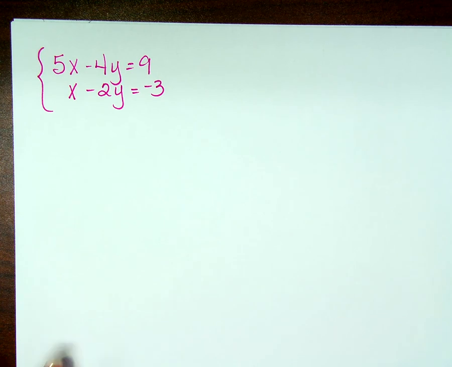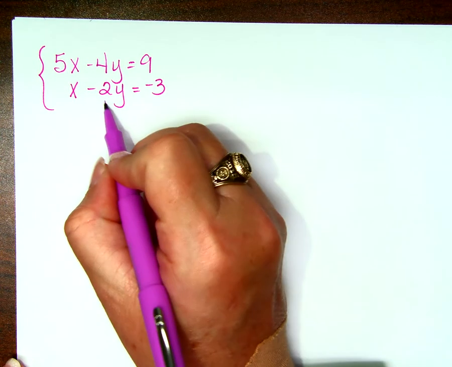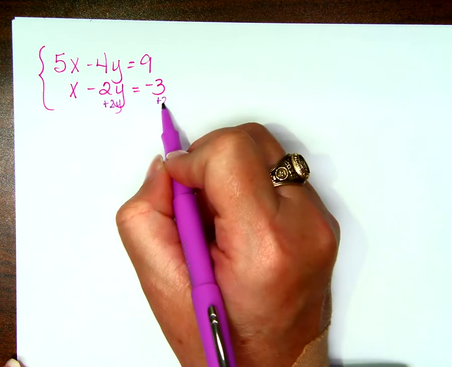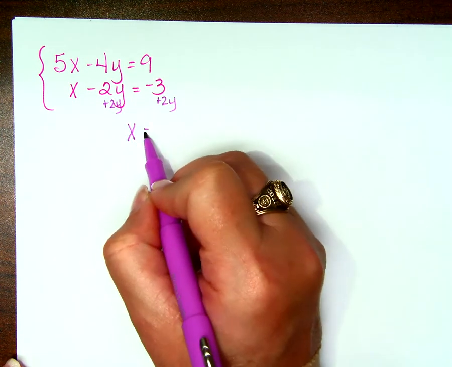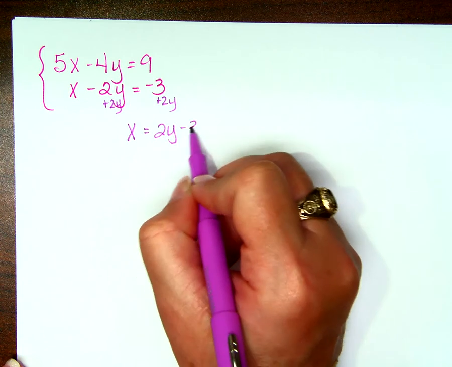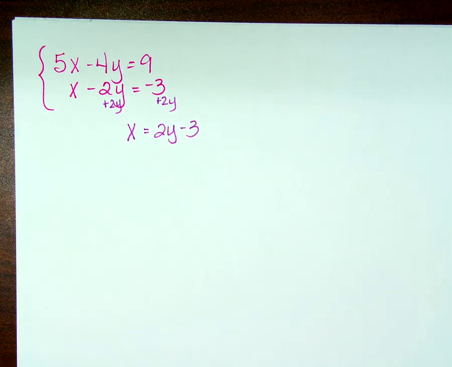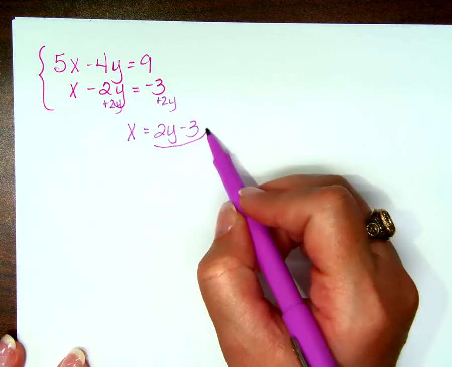Why do you want to choose x in this case? Seems easier. So we're going to add 2y to both sides. So x equals 2y minus 3. Can you please tell me why I wrote 2y minus 3 instead of negative 3 plus 2y? Yeah, that's pretty much the only reason. Could you have written negative 3 plus 2y? Absolutely.